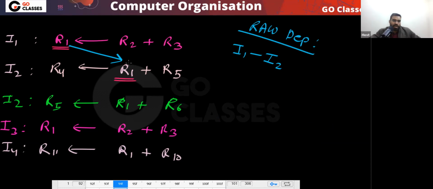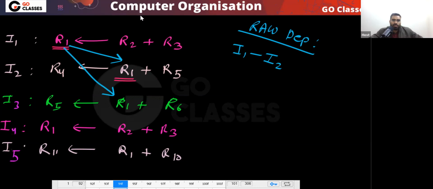Or I can say I2 is reading the value which is written by I1. Now, what about this? Is this a RAW dependency? This is I3, I4, I5.